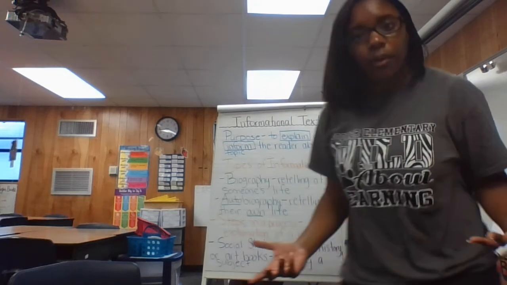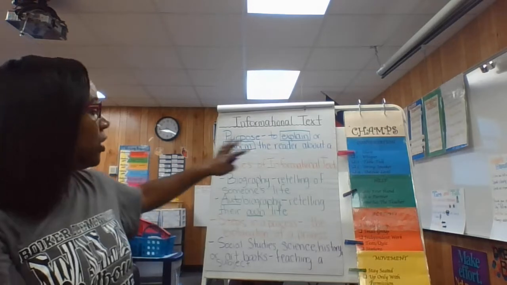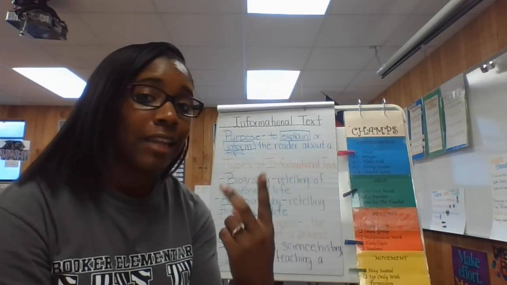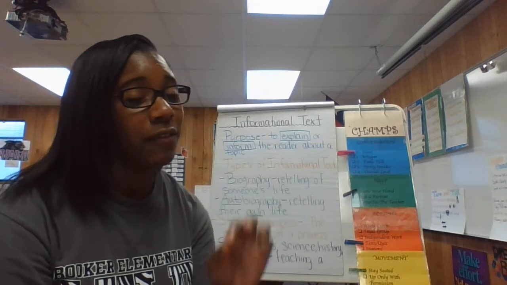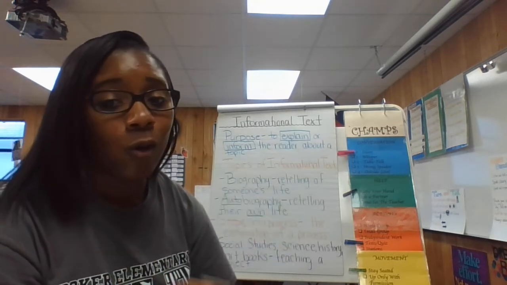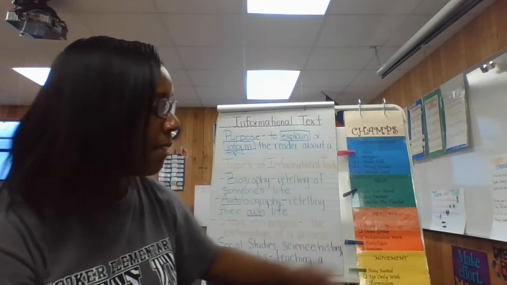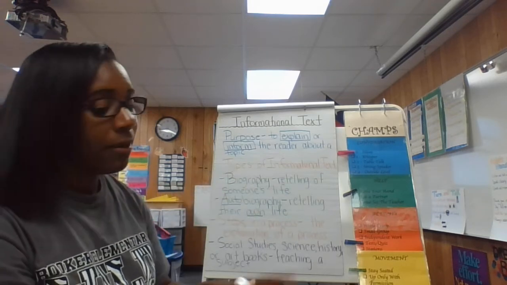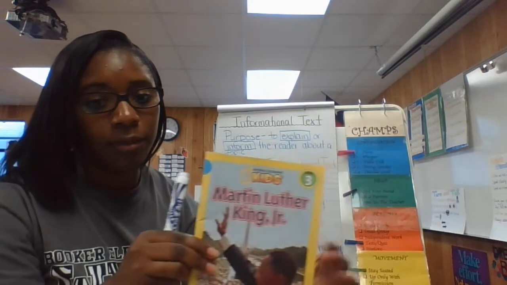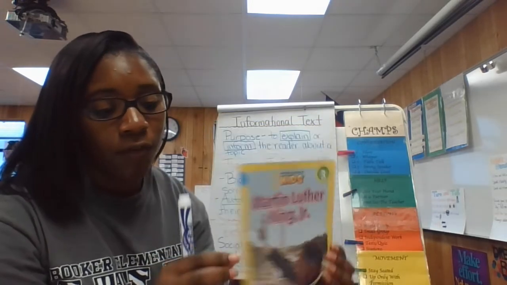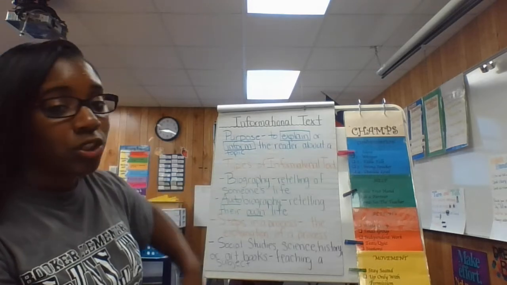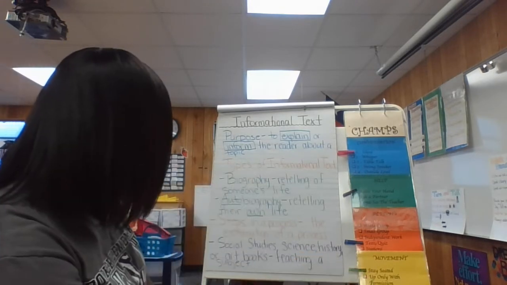Okay, and that's it. We're done. The informational text, the purpose. Out of persuade, inform, or entertain, the purpose of informational text is always to inform the reader about a topic. The different types of informational text: a biography, here's an example again. You could also have an autobiography when a person writes the story about themselves.